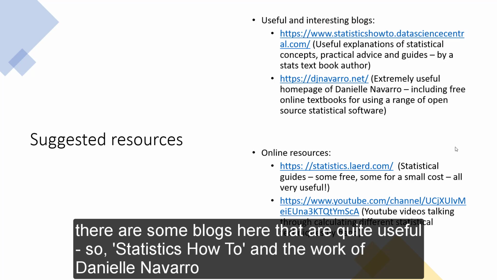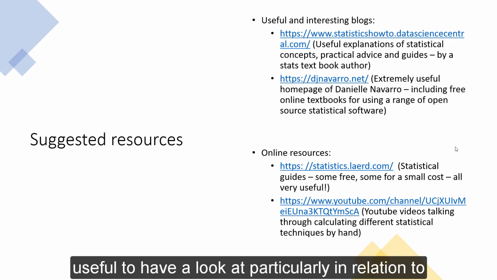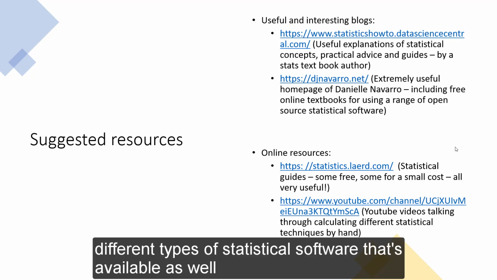So Statistics How To, and also the work of Danielle Navarro. On her webpage, she has a number of online textbooks that are open access that are useful to have a look at, particularly in relation to different types of statistical software that's available as well.